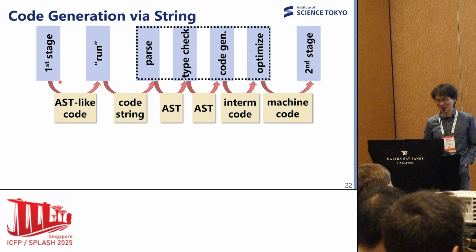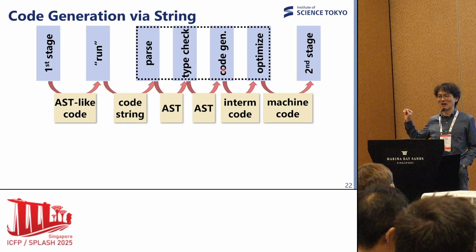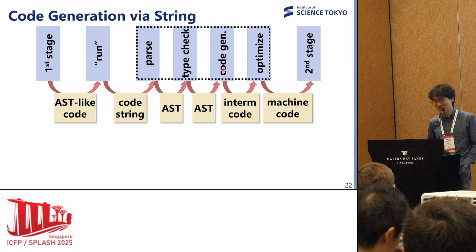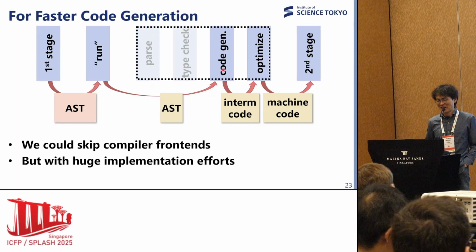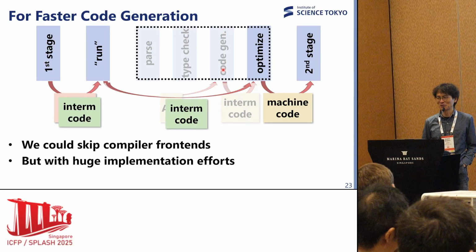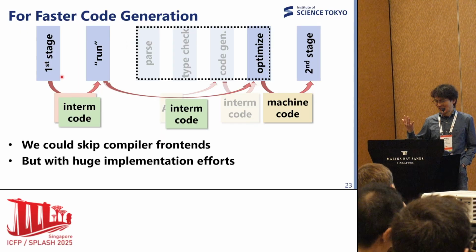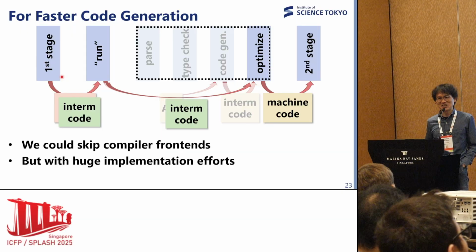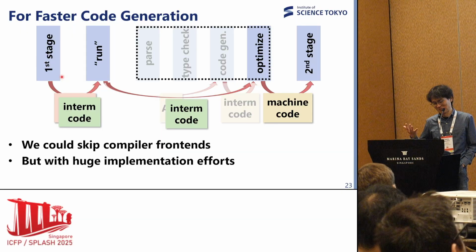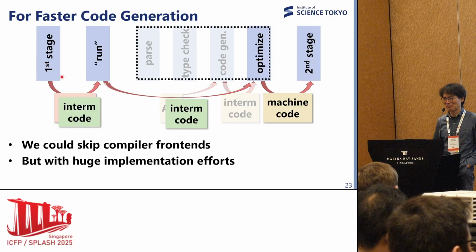Even if the first stage generates AST-like code, it converts it into a string, and then full compilation happens, like parsing, type checking, code generation, and so on. The obvious optimization is to generate the AST or even the intermediate code during the first stage computation, but that is very heavy, as hard as making another just-in-time compiler.